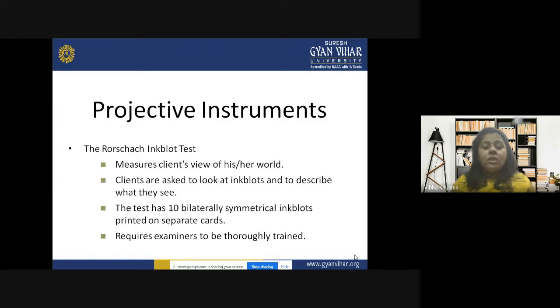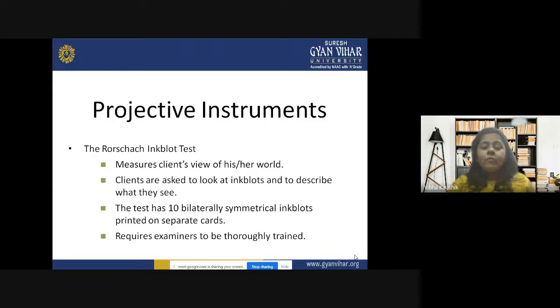If a person is using the Rorschach ink blot projective instrument for assessing the personality of an individual, he must have thorough knowledge of how to administer the test and how to score it.